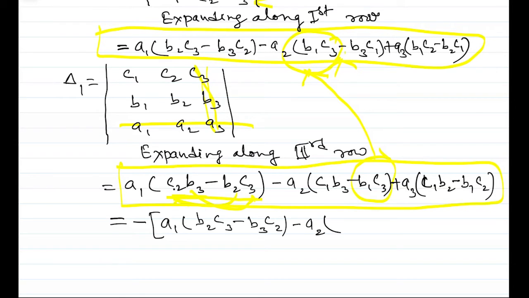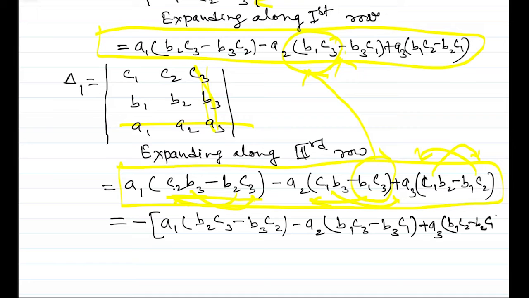In the same way, this bracket will become B1 C3 minus B3 C1, plus A3 into B1 C2 minus B2 C1. The negative sign we have kept just before the square bracket.